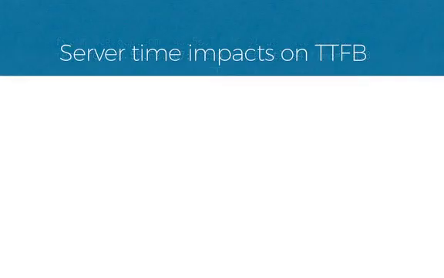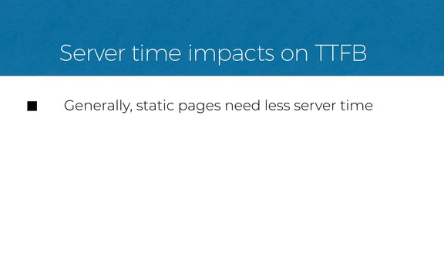But in addition to network time, time spent on the server contributes to delays in time to first byte too, in generating the response that you want to send back to the browser. Generally, serving static files will make for a better time to first byte because there will be less work for the server to do.